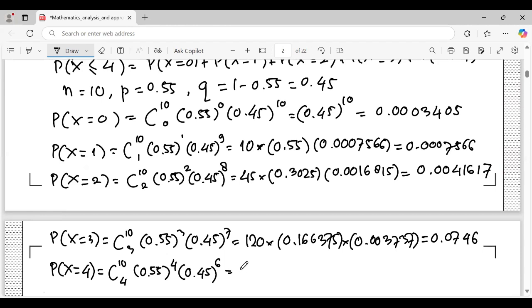The combination 10, 4 is 210 times 0.09150625, times 0.45 power 6, 0.0083, which gives 0.159495. Okay.